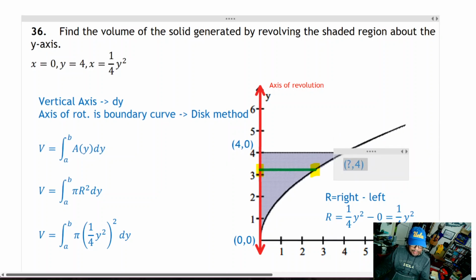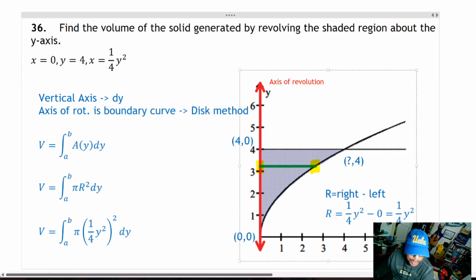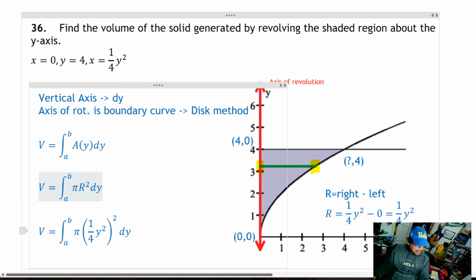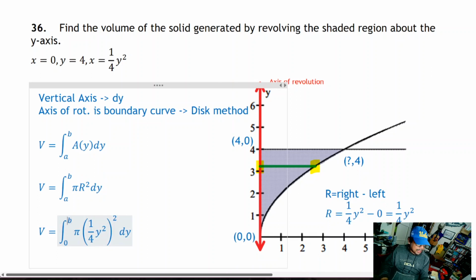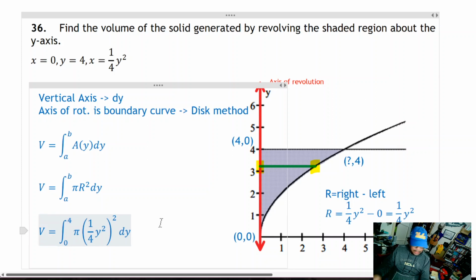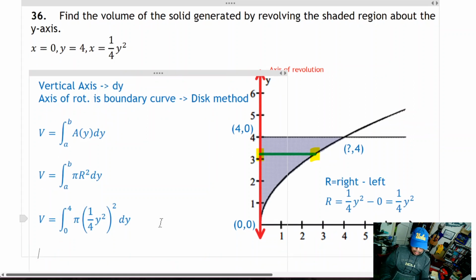And this time I'm just leaving in the question mark there for x. It's not really important what the x-coordinate is, and I'm just wasting time if I try to figure it out. What's important is that I know the y-coordinate. So now I know the lowest y-coordinate, the smallest value of y here, is going to be 0. The largest value of y here is going to be 4. This is ready to go in the calculator.